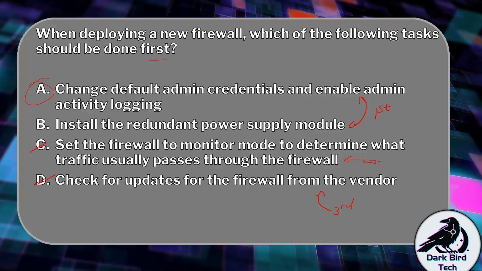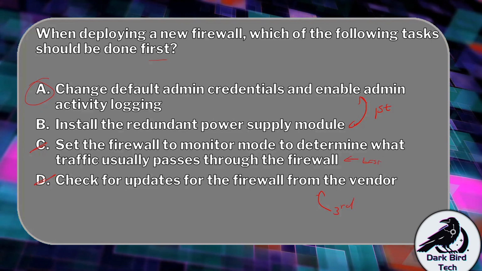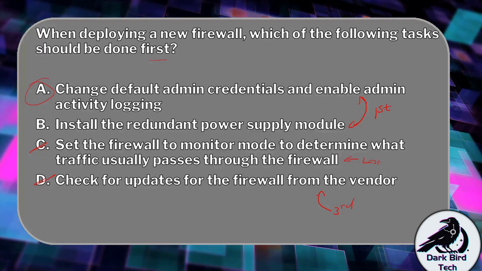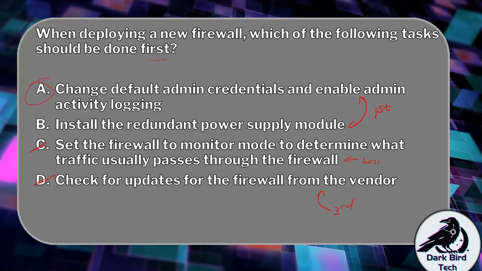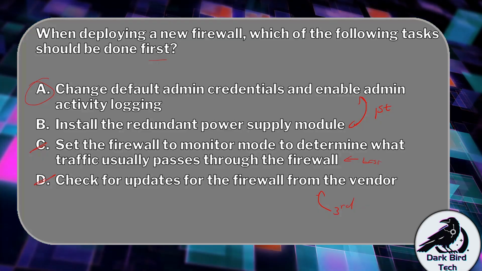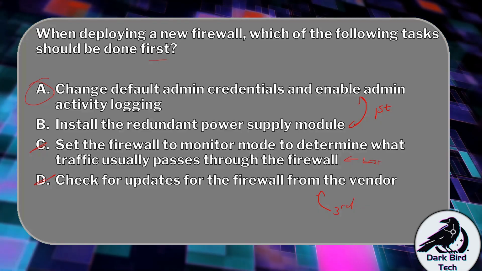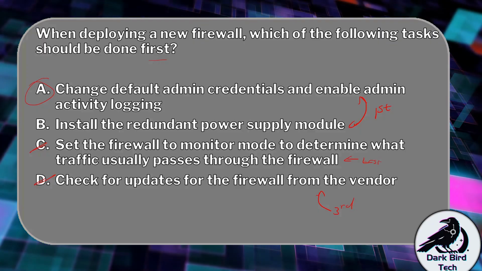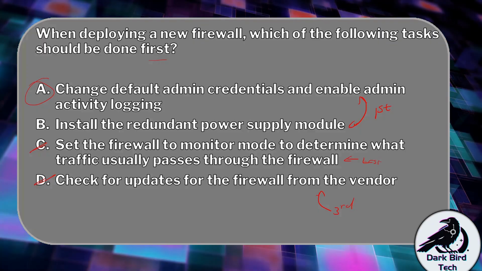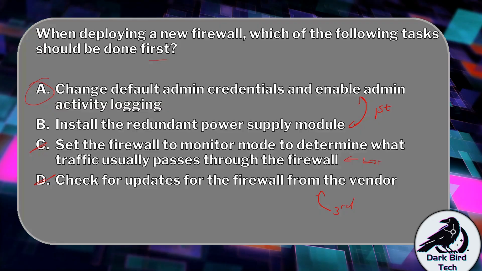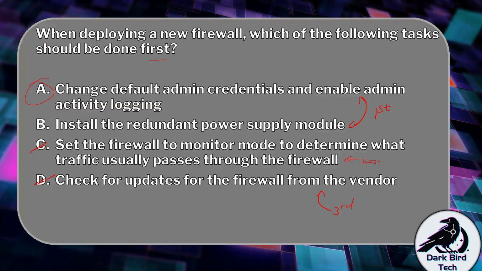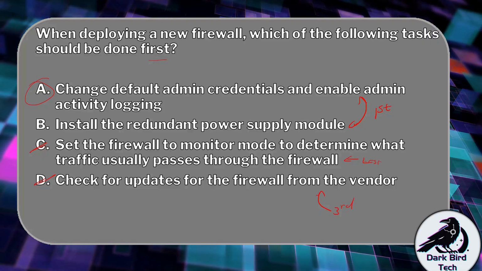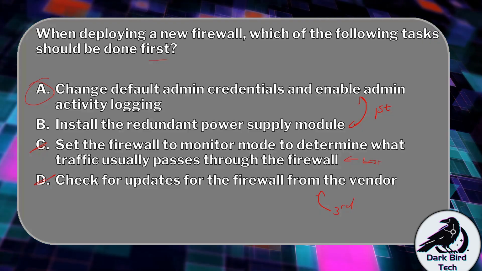You're thinking about all these cool advanced firewall things. And it's very easy to forget the fundamentals of good secure deployments, like changing credentials. So knowing myself, I would probably fall into that same trap. So I'd want to get that sorted out straight away so there's less chance of me forgetting that. Admittedly, I probably should have a checklist, but it does sound like the right option here. I would do A before anything else.